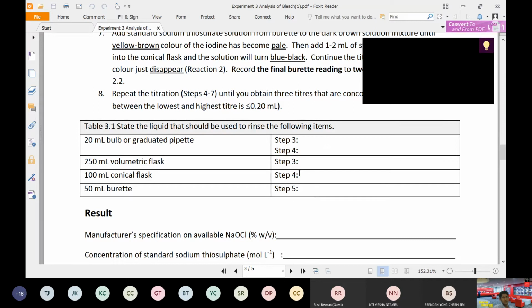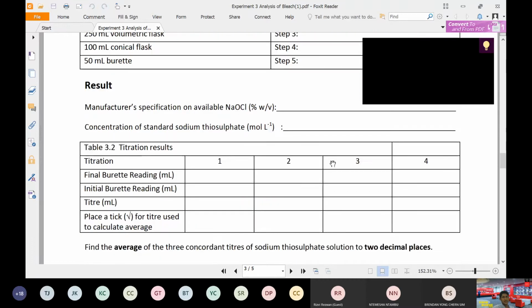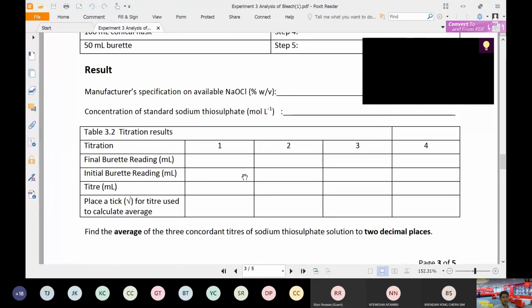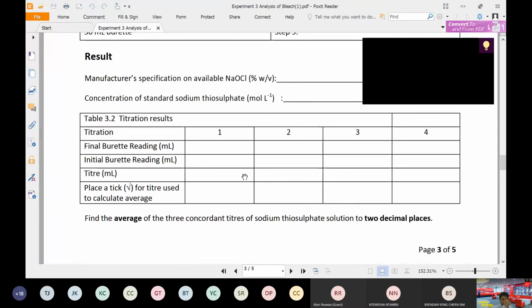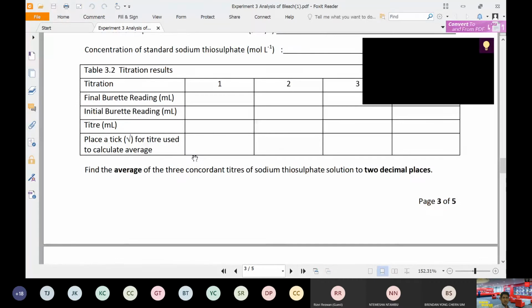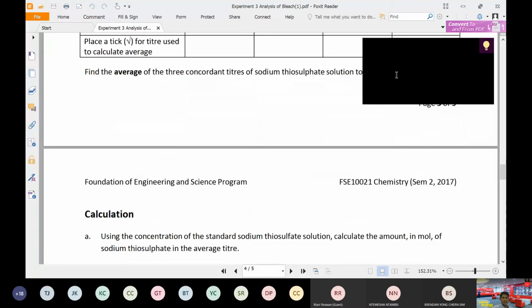What liquid should you be using for rinsing these following items, the graduated pipette? What liquid are you going to use with this glass apparatus? Okay. Now it will be given. So from here we will find the 3 concordant values, and we will take 2 decimal places. It's not saying significant figures, but it says 2 decimal places. All right.